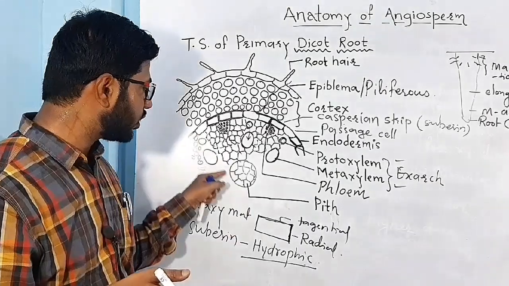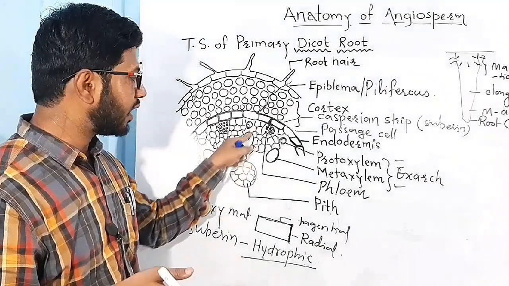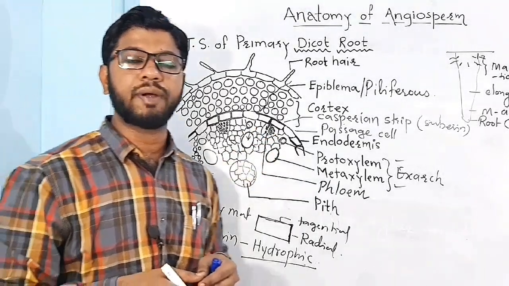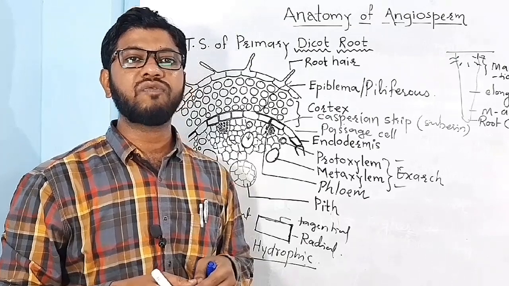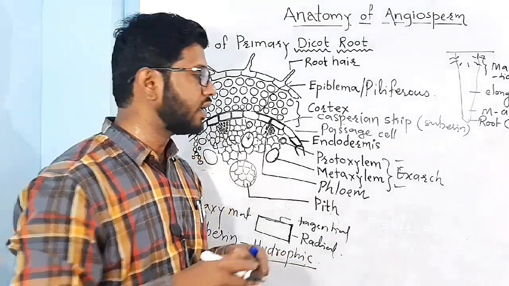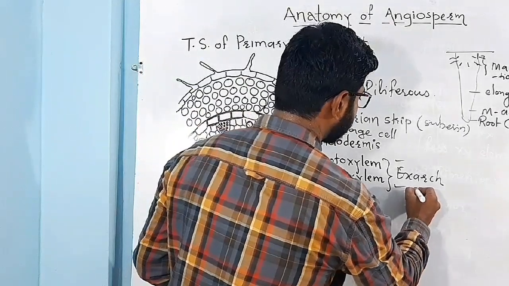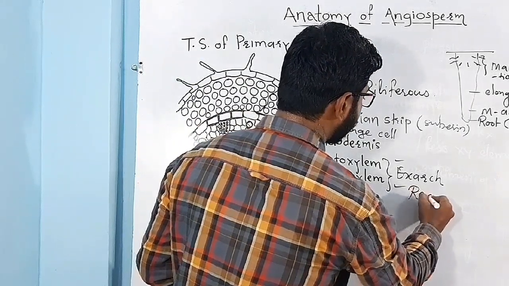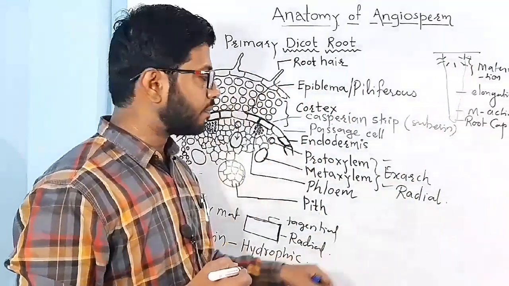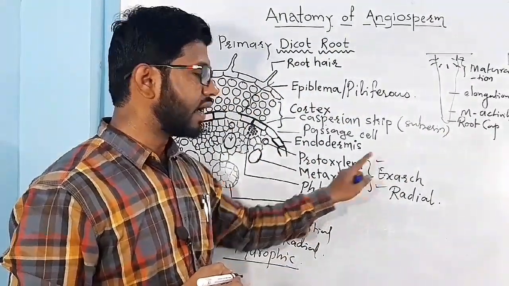Xylem has its own radius and phloem has another radius. This type of vascular bundle in which xylem and phloem are located on different radii or different diameter is called radial vascular bundle. So in root, vascular bundles are radial and exarch.